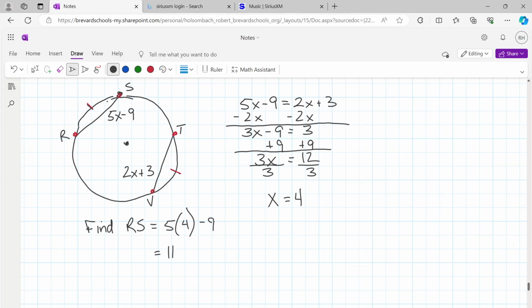Okay, so your practice for today. We're going to start on page 718. One through 3. Then over on the next page, problems 7 through 15.